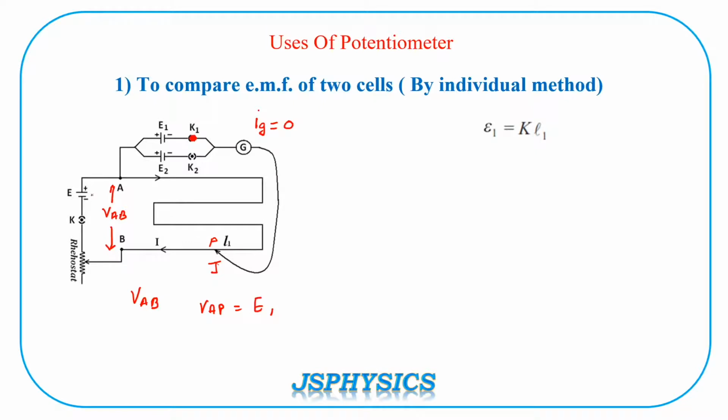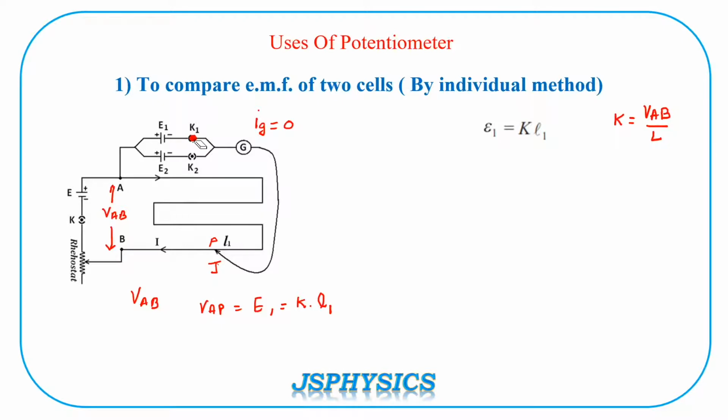Let us assume that the distance from A to point P is L1. Here K is the potential gradient, which is VAB upon L. It is a potential drop per unit length along the potentiometer wire. Now, once we find the value of L1, we can write E1 is equal to KL1.